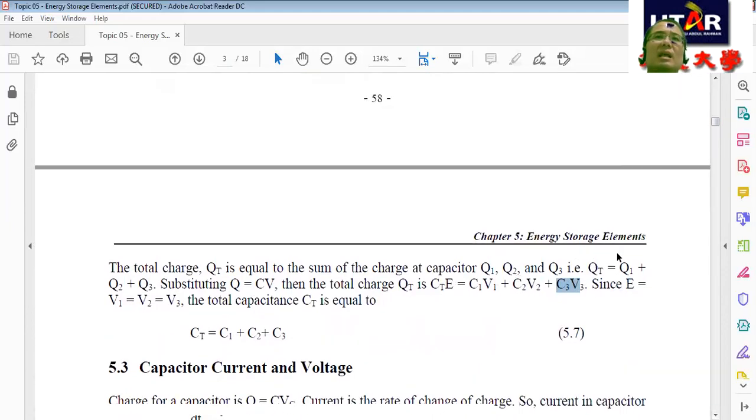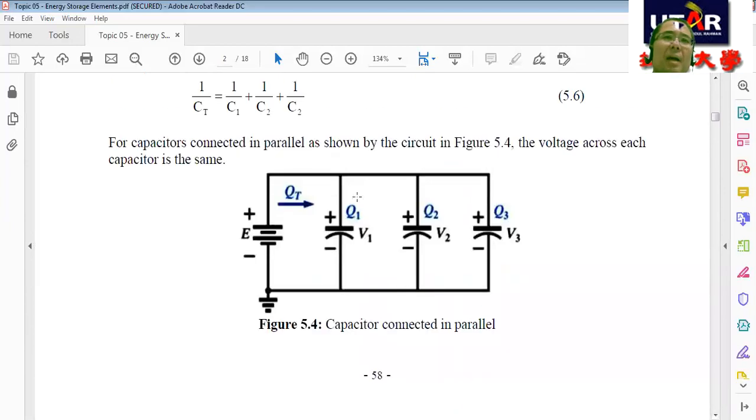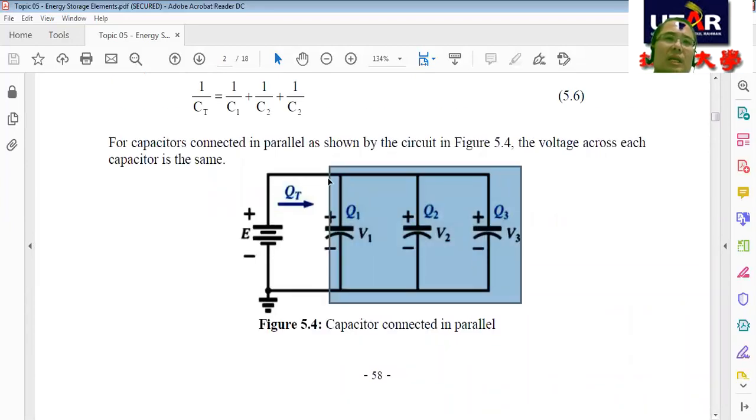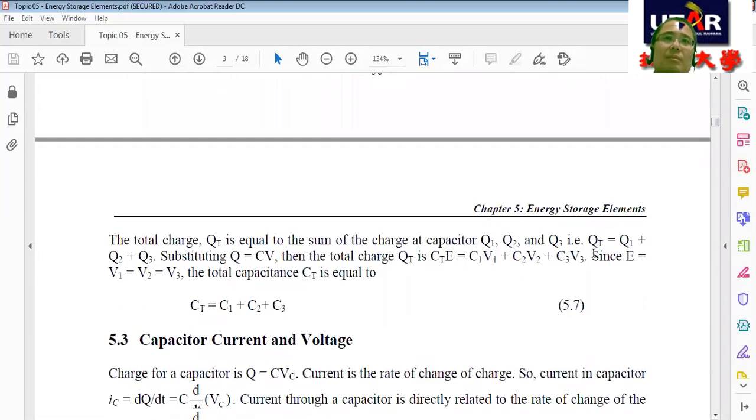Since E equals V1 equals V2 equals V3, because of the parallel connection of these three capacitors connected across E, we substitute E into the equation. This eliminates all the voltage terms.